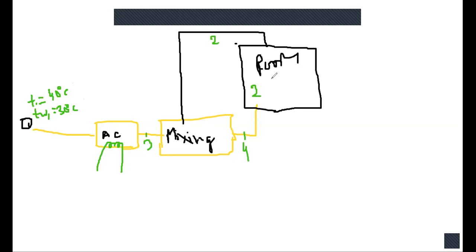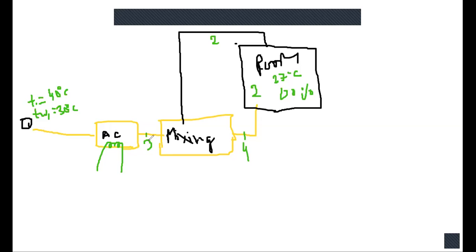Point 2, or inside condition, is 27 degree and 60%. 27-degree dry bulb temperature is to be maintained and 60% relative humidity is given. And this point is also given.